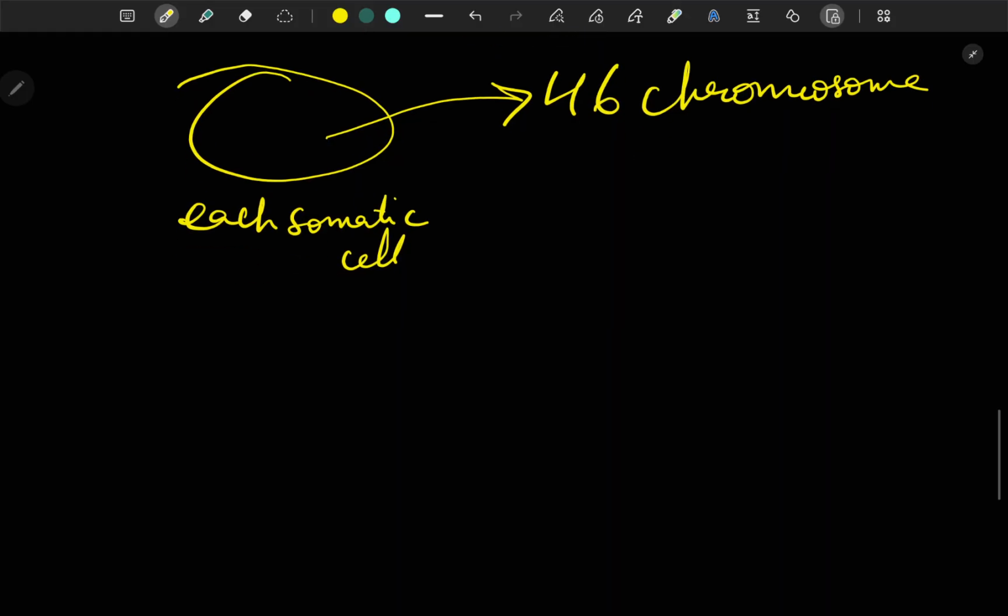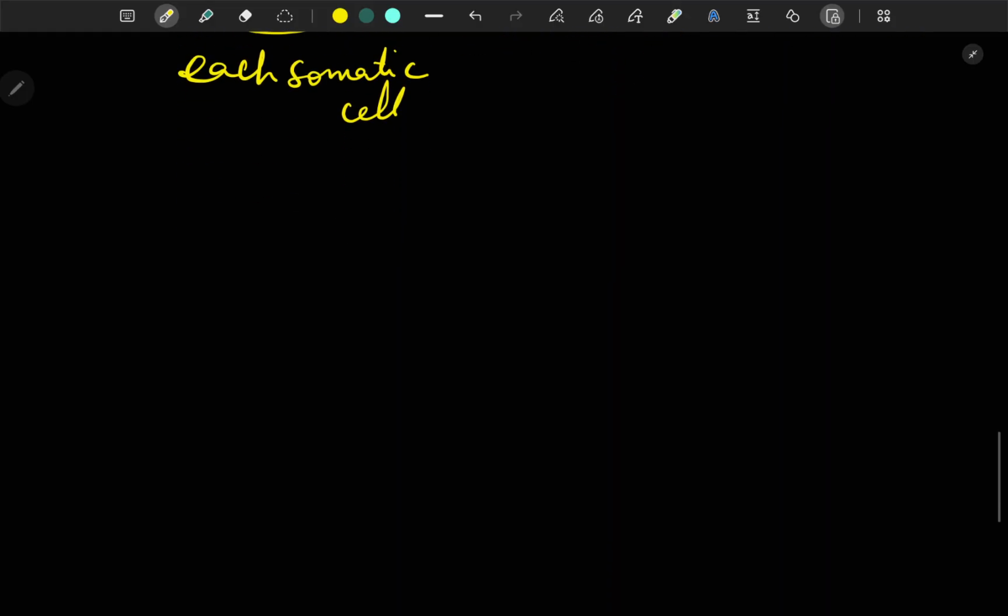Chromosomes are seen clearly in the mitosis phase, most clearly at the metaphase plate. During metaphase, chromosomes are thick and visible under the microscope.